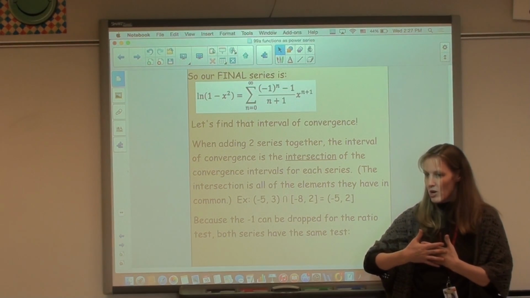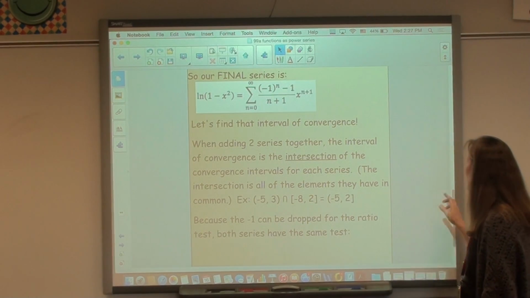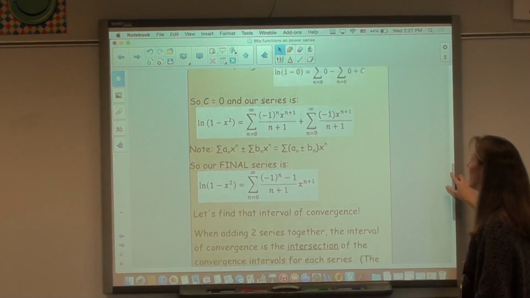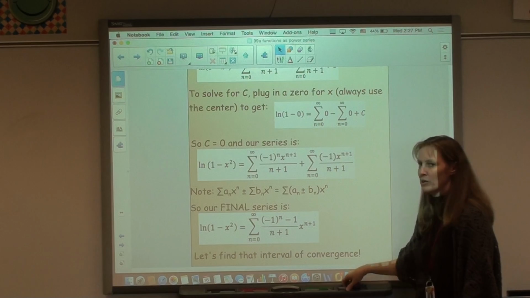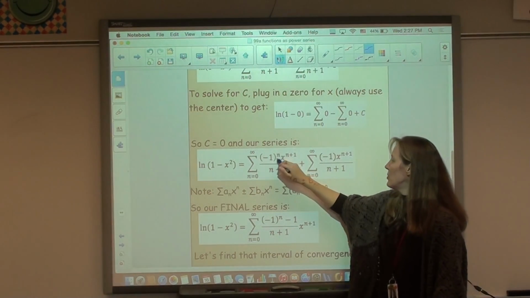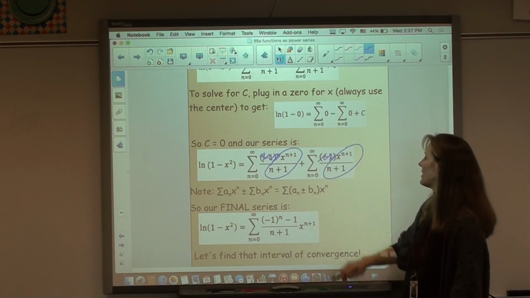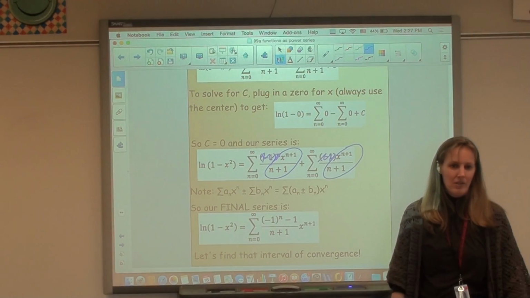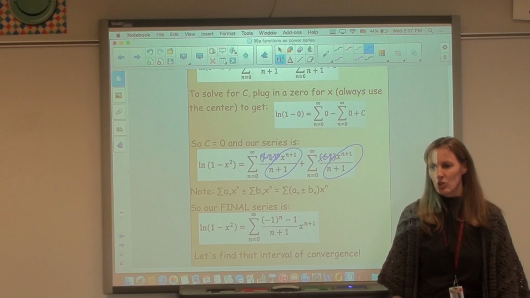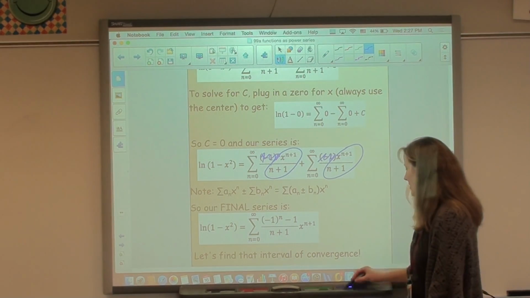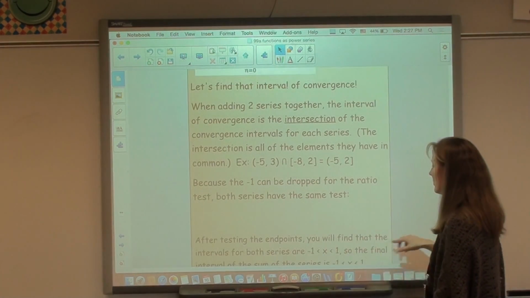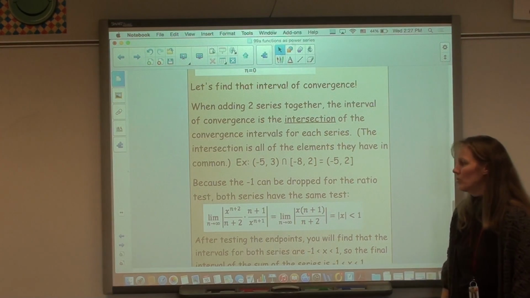All right? For this problem, the -1 can be dropped, because remember we always put it in absolute value. If you ignore the -1, you end up with the same series for both, so they actually have the exact same interval of convergence. So you end up with an interval of convergence of -1 to 1 for both of them, just doing a simple ratio test.